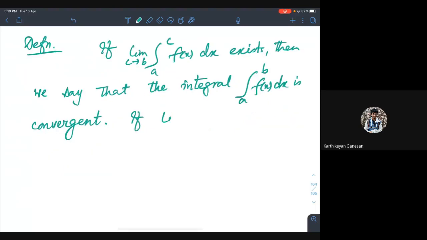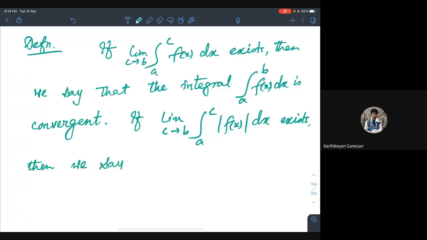If limit c tends to b integration a to c mod f(x) dx exists, then we say integration a to b f(x) dx is absolutely convergent.